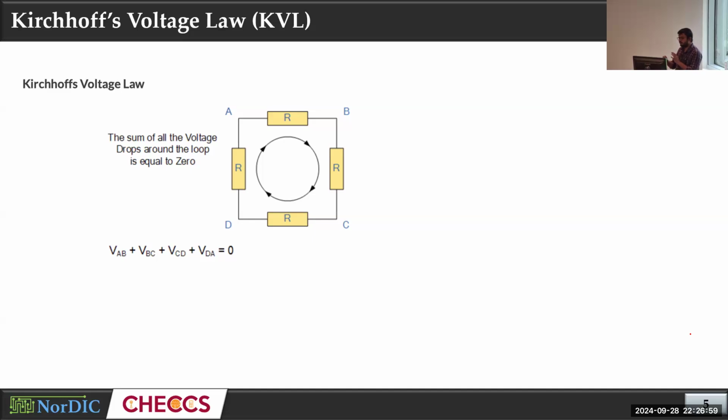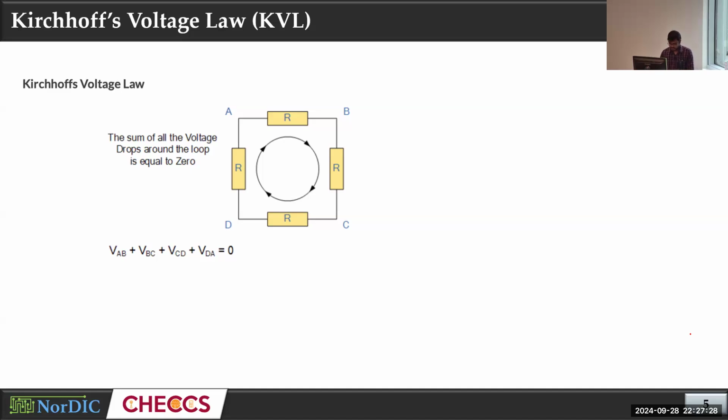If you add all the voltage drops, considering the polarity, the result will always be 0 in a loop in any circuit. So that's the law. Is it clear? I'm saying if you add all the voltage drops in a loop in a circuit, considering their polarity, the result will always be 0. That's Kirchhoff's voltage law, or KVL.